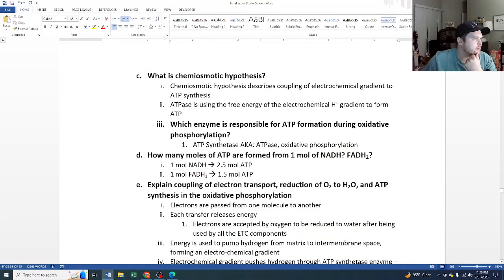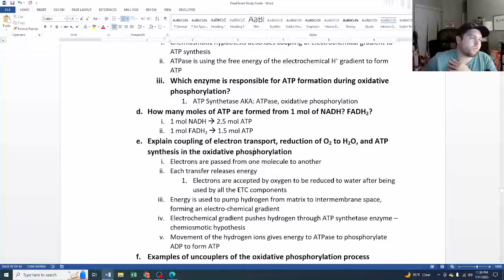So, yeah. What is the chemiosmotic hypothesis? It is literally what we just talked about. It's describing the coupling of the electrochemical gradient to ATP synthesis. The whole process that we just talked about is the chemiosmotic hypothesis. ATPase is using the free energy of the electrochemical hydrogen gradient to form ATP.